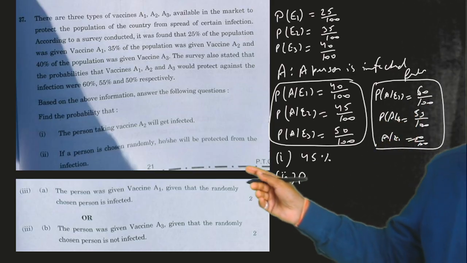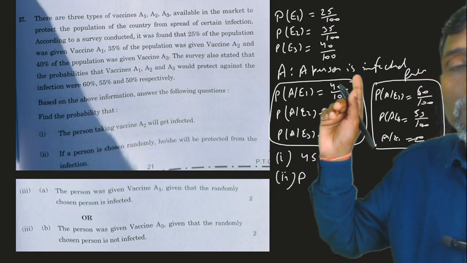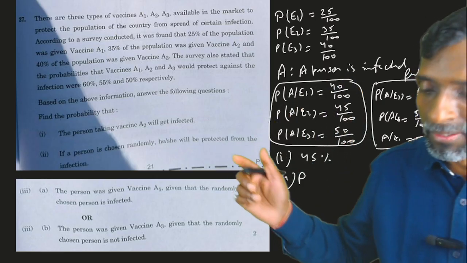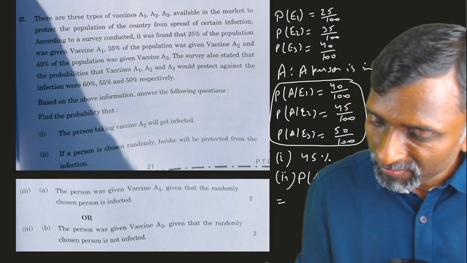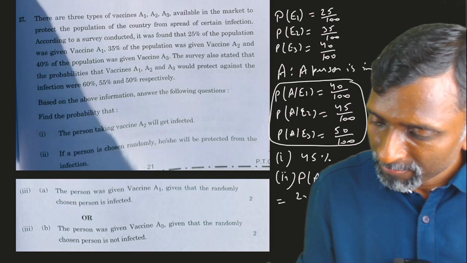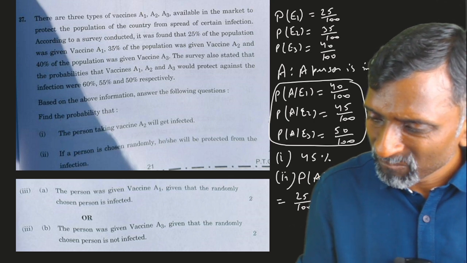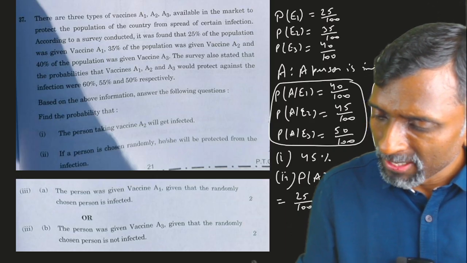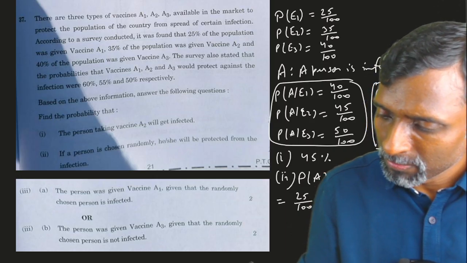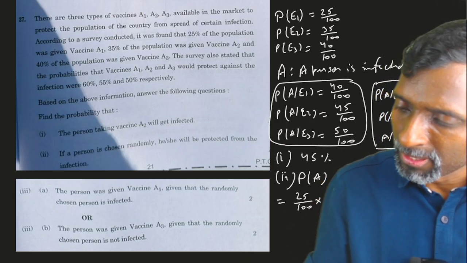Then the second part, it is given that find the probability he will be protected from infection. Not he will be infected, he will be protected. So we have to find the total probability. So probability of E1 multiply A by E1, that is 60 by 100, plus E2 multiply 55 by 100, and plus E3 40 by 100 multiply 50 by 100.